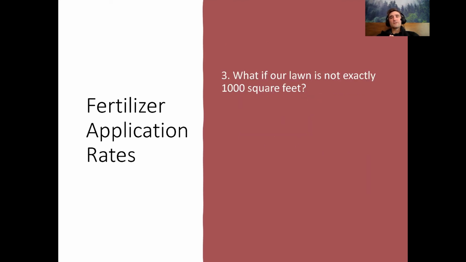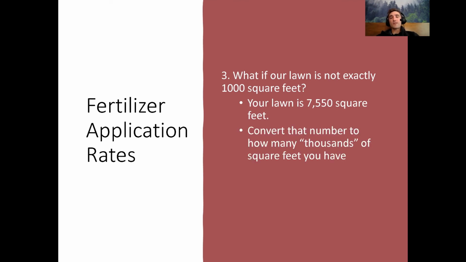But what if your lawn is not exactly 1,000 square feet? That's rarely the case. Let's say you have 7,550 square feet of area that you're fertilizing, and it's in this case a field or a lawn. We're going to convert that number, the actual area in square feet, to how many thousands of square feet you have.